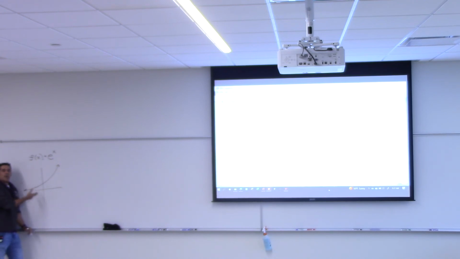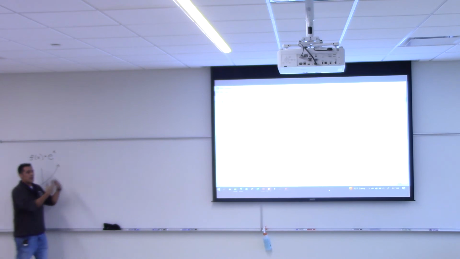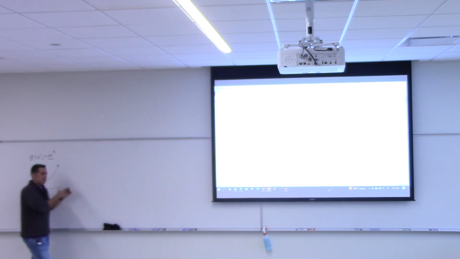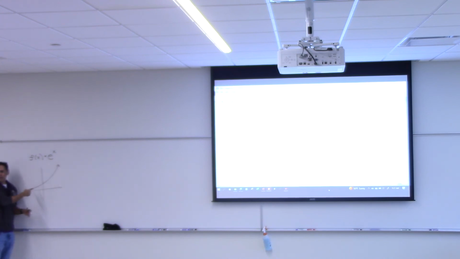It's not a parabola. This is not a polynomial function, is it? The question is, can I approximate this function with a polynomial? Is it possible for me to create a new function that would be a polynomial function that would be kind of close to what this one is? Now, you're going to sit here and ask, why do I want to approximate? We have the function. Why would you ever want to approximate that? You'll see why in a minute.